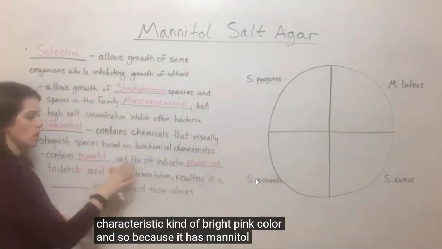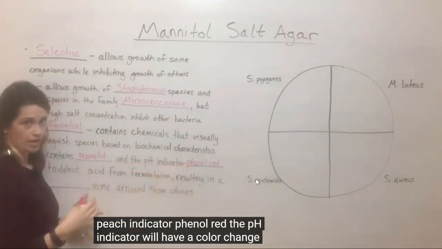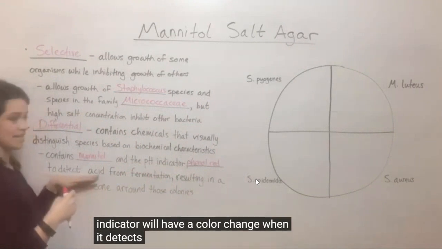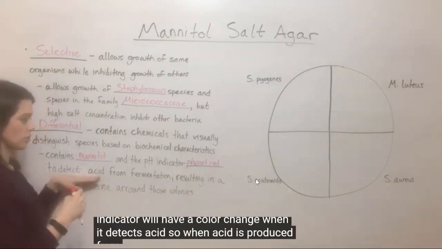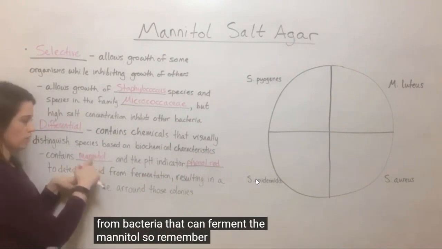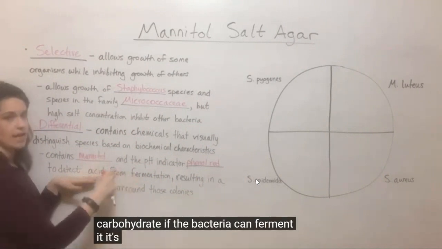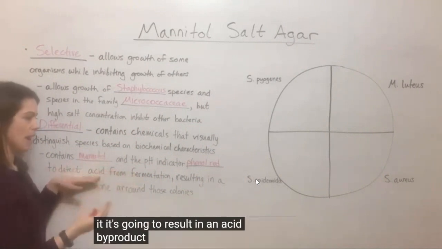And so because it has mannitol and this pH indicator phenol red, the pH indicator will have a color change when it detects acid. So when acid is produced from bacteria that can ferment the mannitol, so remember mannitol is a carbohydrate, if the bacteria can ferment it, it's going to result in an acid byproduct.